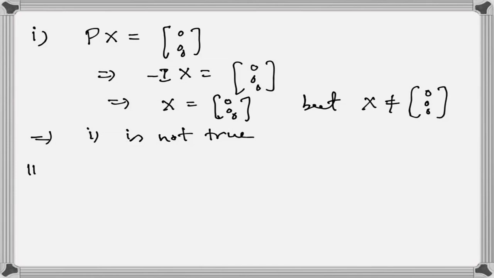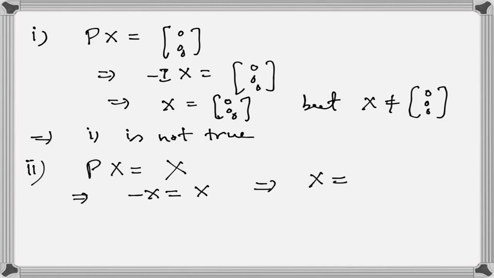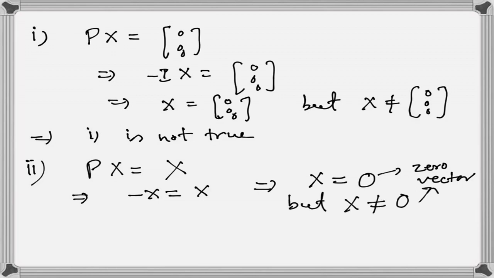The second is Px is equal to x. Since P is minus I, Px is minus x, equal to x. This implies that x is again 0, here the 0 being the zero vector, but x is non-zero, right? So 2 is also not true.